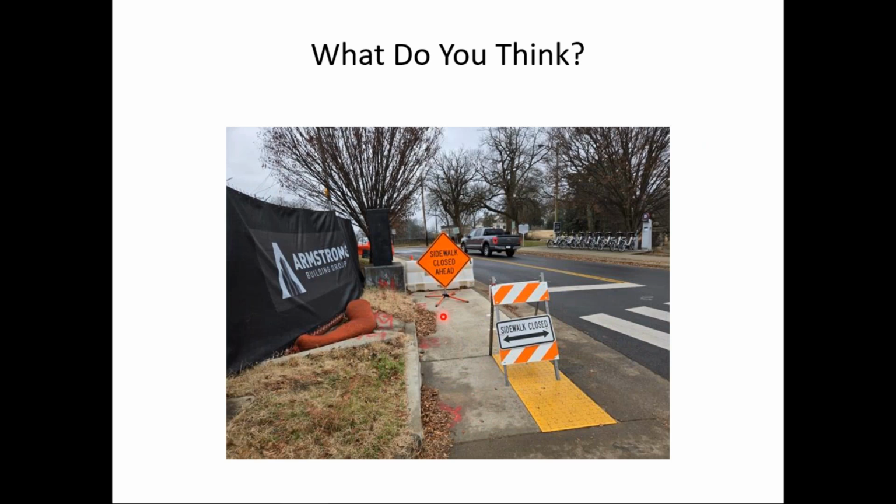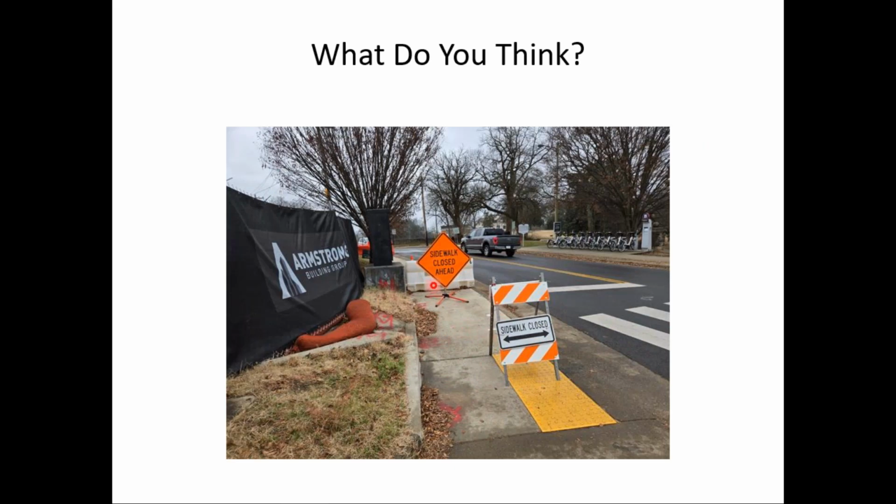I think if this was my project, I probably would not use this sidewalk closed ahead sign. I think I'd move the white channelizing barricade to down here to close off the sidewalk. Then remove this barricade, it could be used elsewhere, but probably take the sidewalk closed plaque off of that and put it on the relocated barrier.